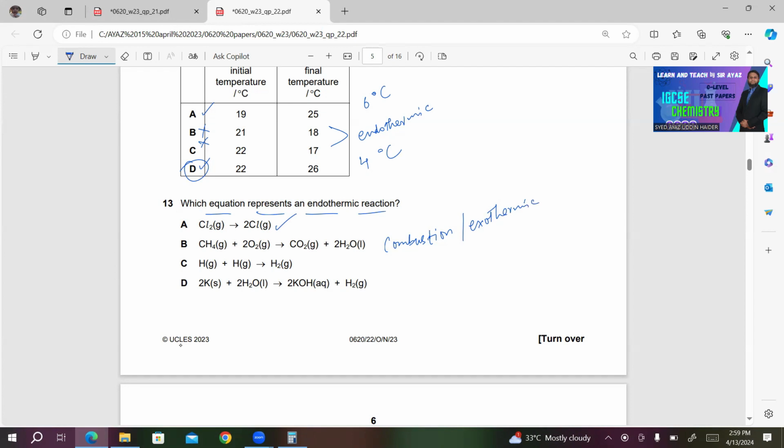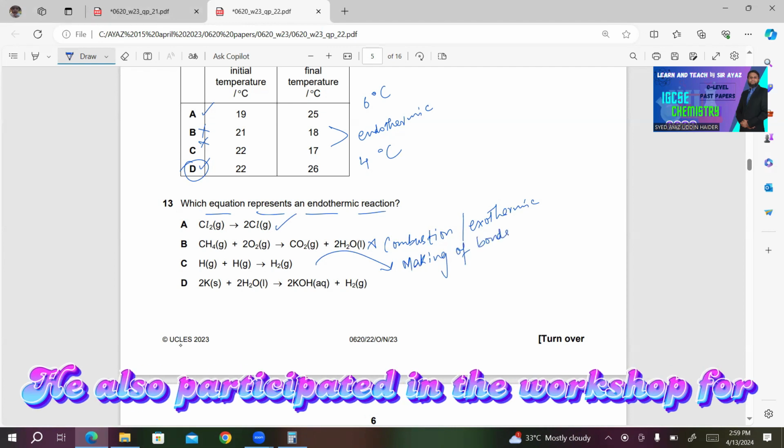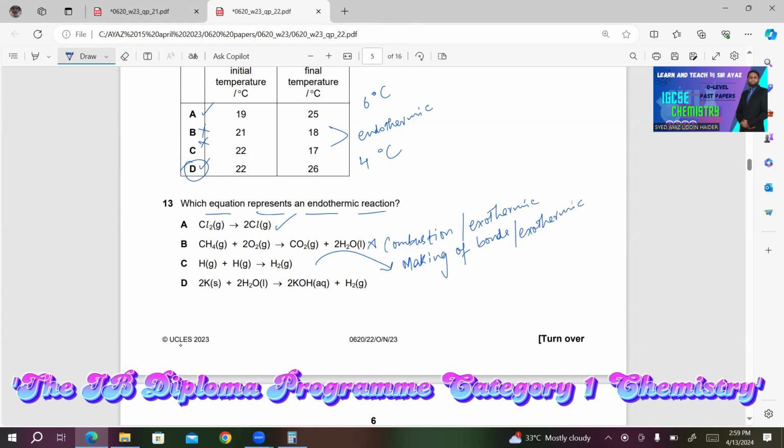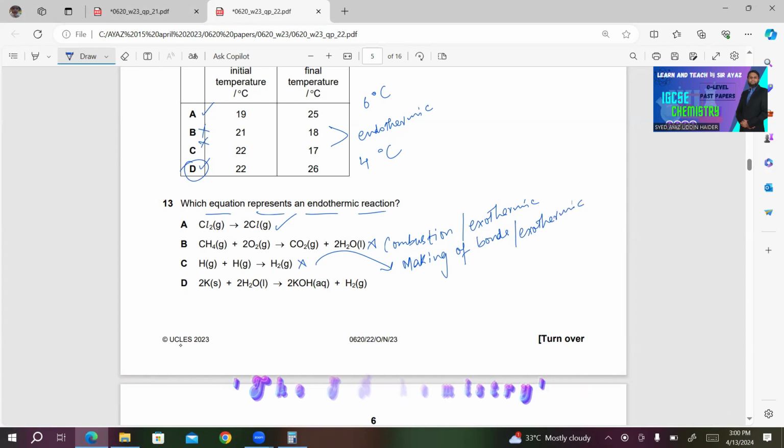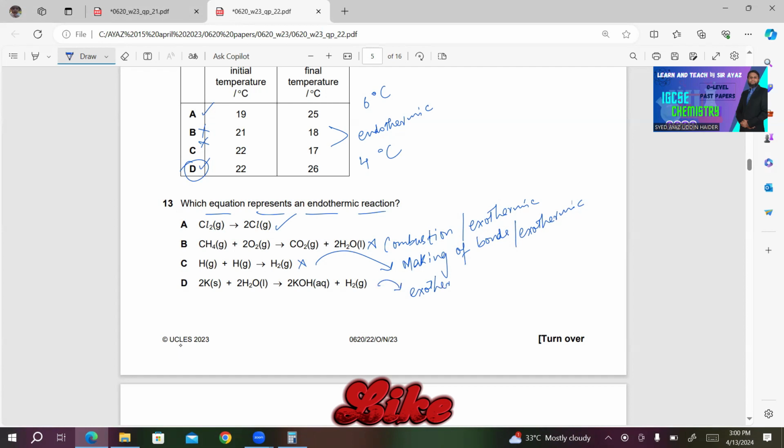Making of bonds is exothermic. This can't be the right answer either. D, dissolving potassium in water produces potassium hydroxide and hydrogen. It's an exothermic reaction. So obviously choice A will be the right answer for number 13.